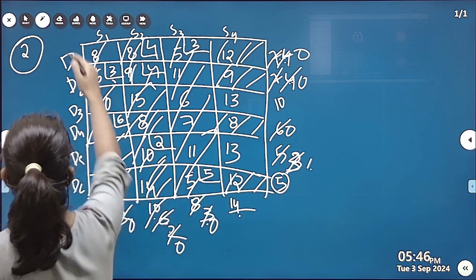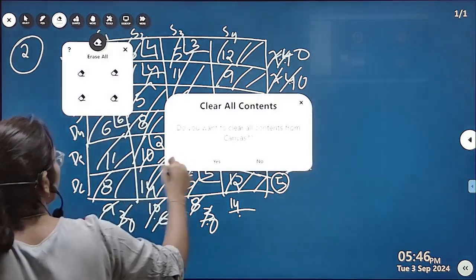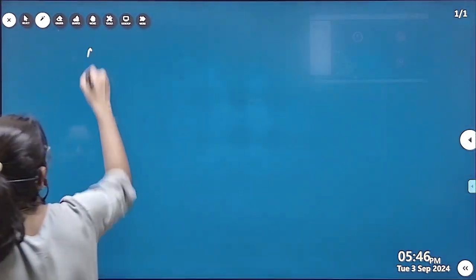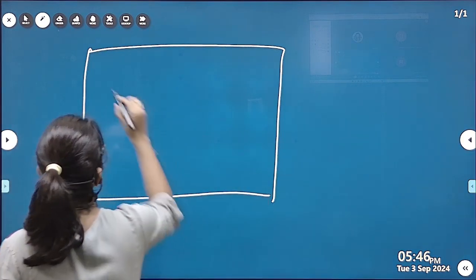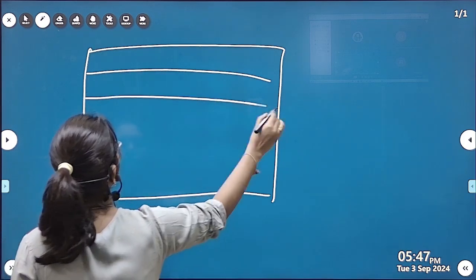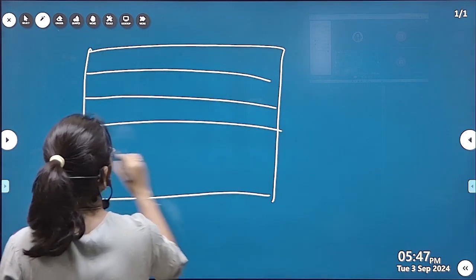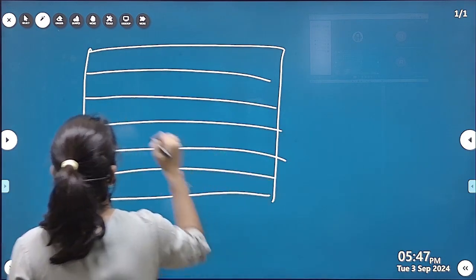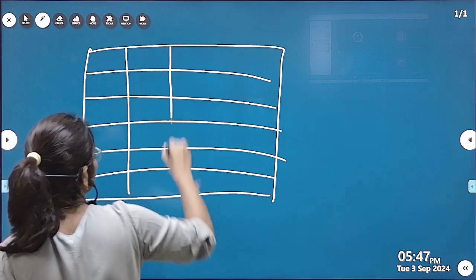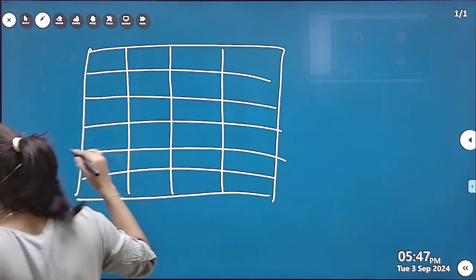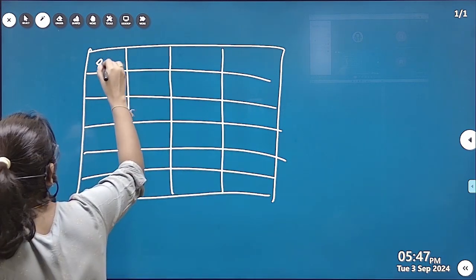So we'll do once again. I will do once again, copy the question. Somewhere it has missed. 1, 2, 3. So it is 8.